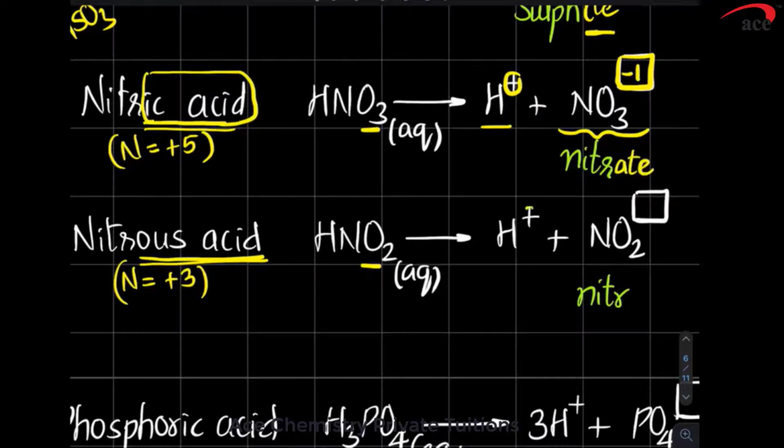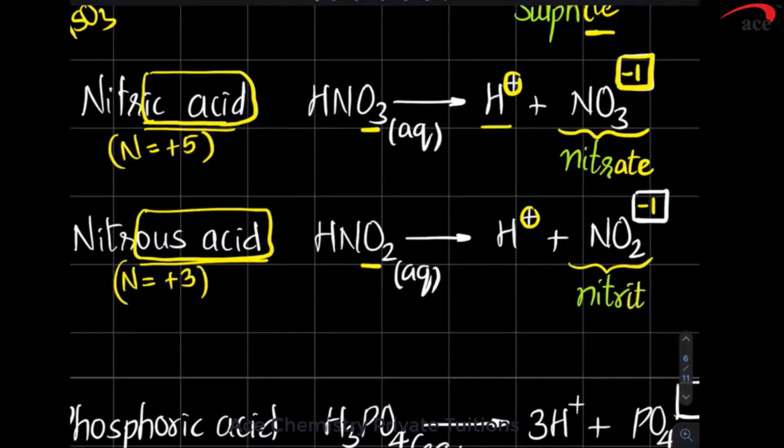Nitrous acid gives you H plus. And what is the charge on the remaining part? By this time we have started understanding it, and we can clearly and quickly see it's -1. Now this anion NO2 with -1 comes from which acid? Yes, it comes from ous acid. If it comes from ous acid, what is its suffix?